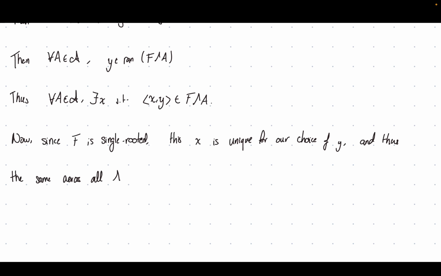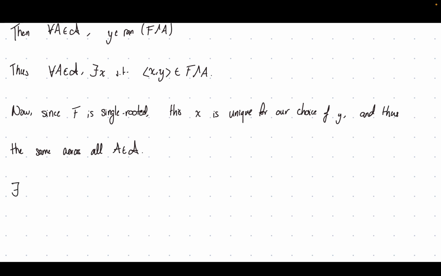And I'm just going to write it out a little bit more clearly, across all a in script A. So not only can we say that for all a in script A, there exists some x such that x comma y is in f restricted to a, we can actually say that there exists some x such that for all a in script A, x comma y is in f restricted to a.